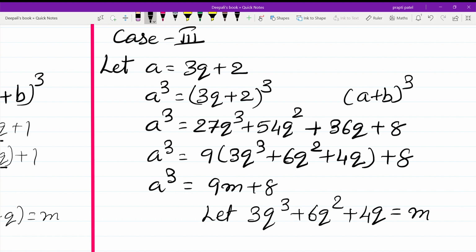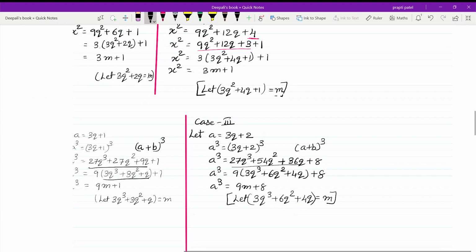So a cube will be, removing common from this, 9 into bracket 3q cube plus 6q square plus 4q plus 8. Let 3q cube plus 6q square plus 4q is equal to m. I get my required answer.